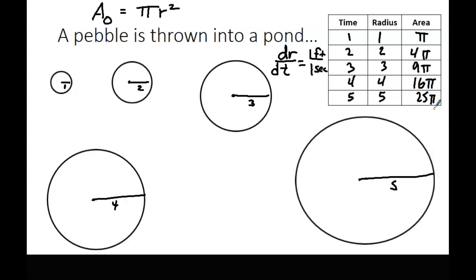Okay, now let me ask you another question. What is the rate of change of the area with respect to time? Any thoughts? So in English, how fast is the area changing over time?